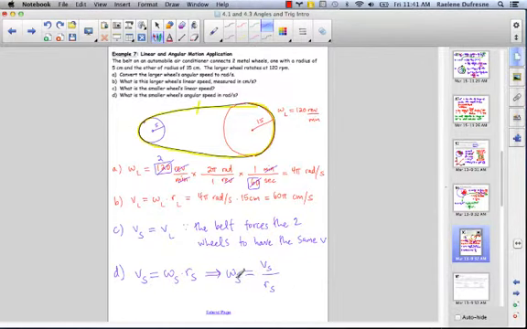The linear speed of the small wheel is 60 pi centimeters per second, divided by the radius of the small wheel, which is 5 centimeters. And centimeters here and here reduce. 5 goes into 60 12 times. So the angular speed of the small wheel is going to equal 12 pi per second.